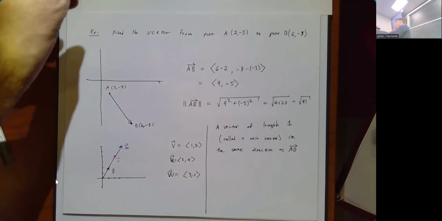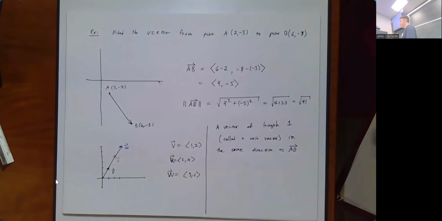The process is called normalizing or unitizing a vector, although unitizing is not something people normally say, it's kind of a weird word.